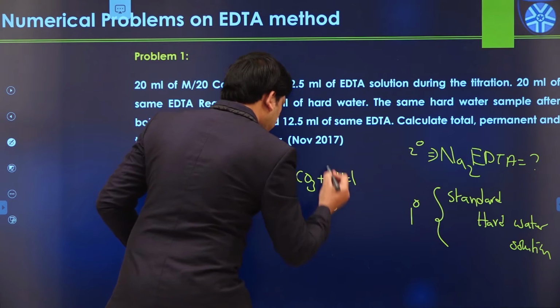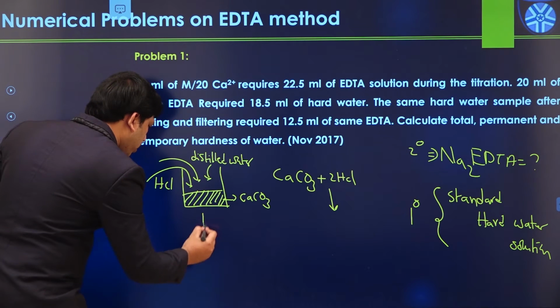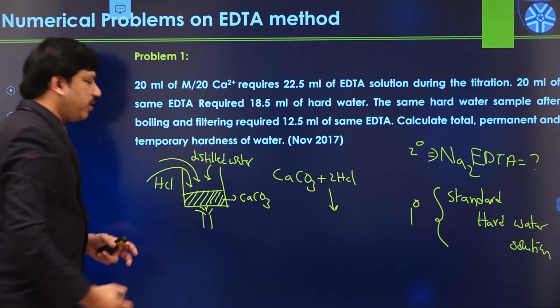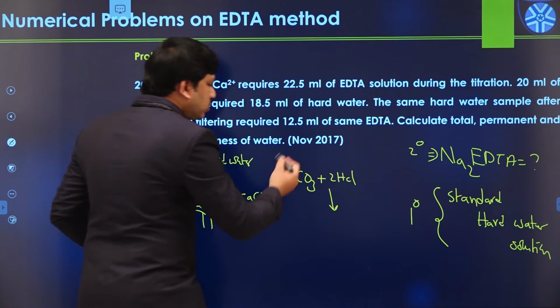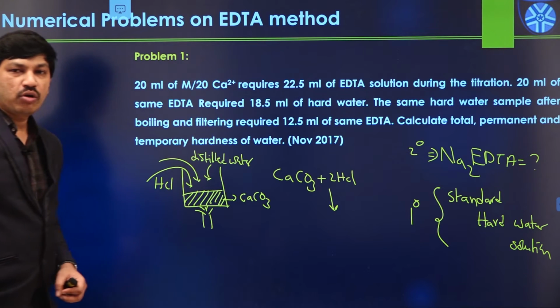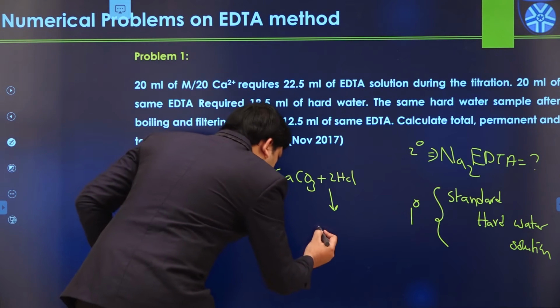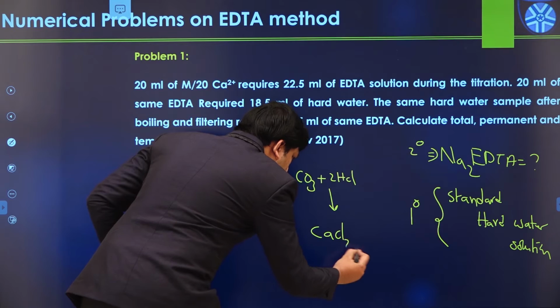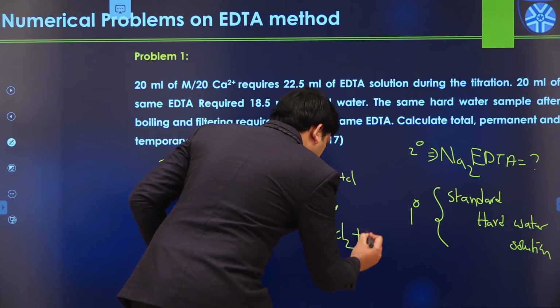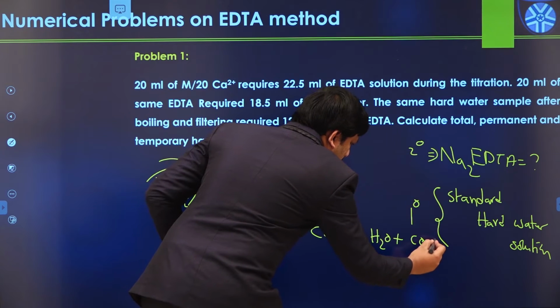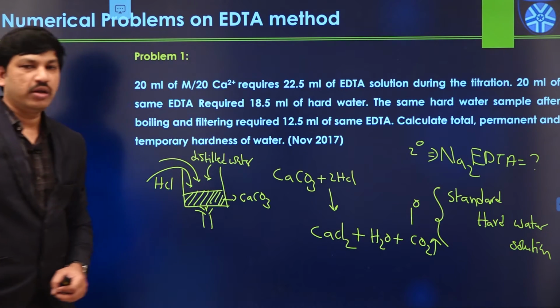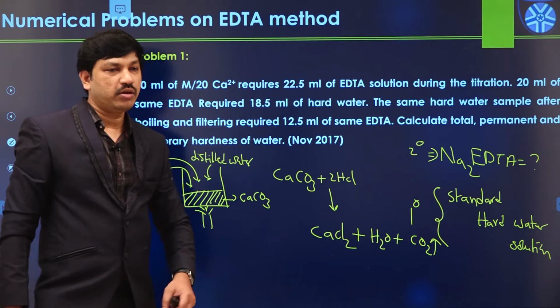And at the same time, do the boiling process simultaneously. Then this calcium carbonate slowly reacts with hydrogen chloride molecules, forming calcium chloride plus water, and releases carbon dioxide in this manner.